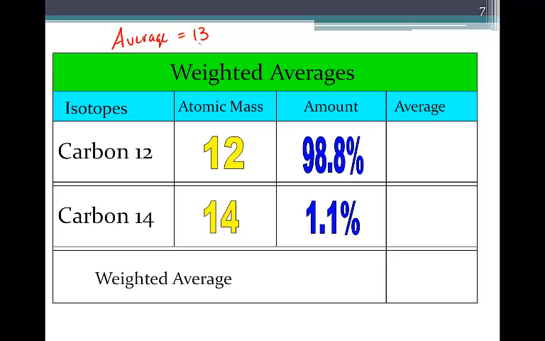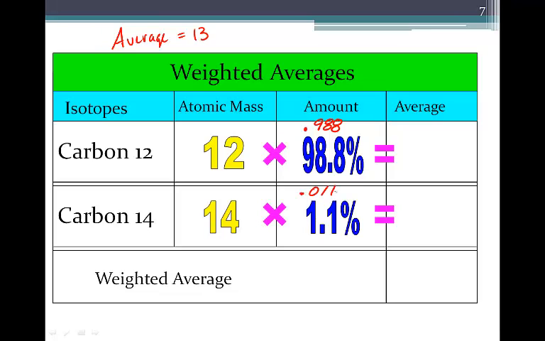So to calculate the weighted average, we take 12 times 98.8% and 14 times 1.1%. Remember, these are percentages. You either have to enter it using the percent button or convert your percent to a decimal. 98.8% is 0.988 and 1.1% is 0.011.